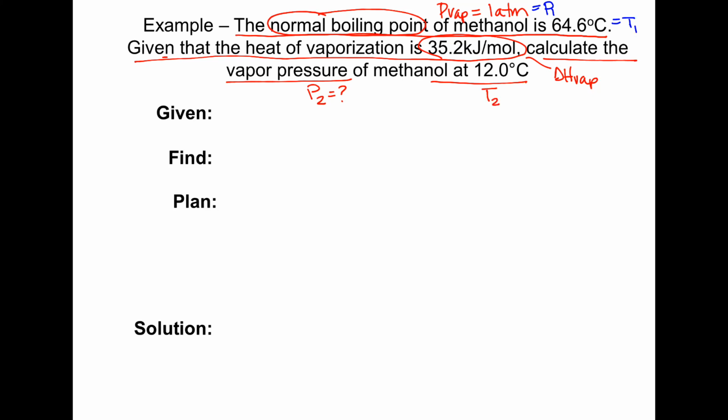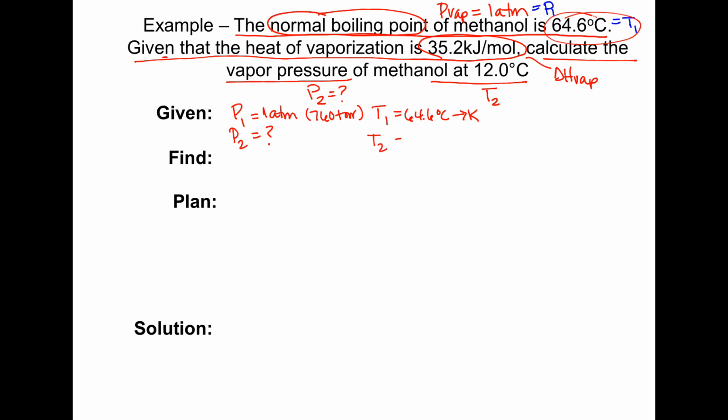So I'm going to clean this up a little bit, just so that we can see the variables we're looking at. We know that our first pressure is going to be 1 atmosphere. That's the same thing as 760 torr or millimeters of mercury. We're looking for our P2. Our T1 is 64.6 degrees Celsius. I know that I'm going to need to put that in Kelvin.